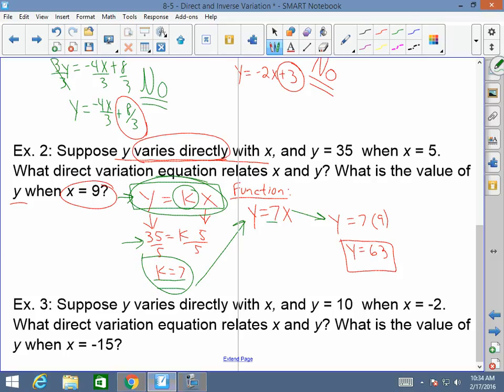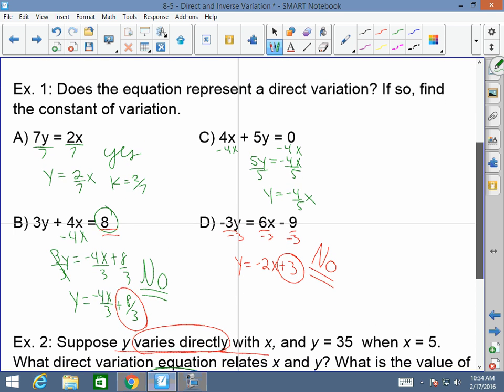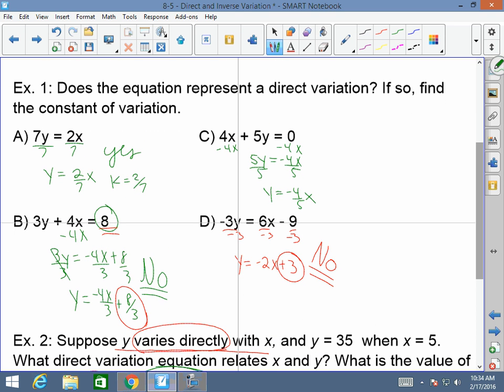Well, the problems above, with all due respect, we did that a while ago, and that's why I asked you during example 1 to ask questions. Okay, but now that we're here, back in example 1, in order to determine if it's a direct variation, sir, you must solve for y.